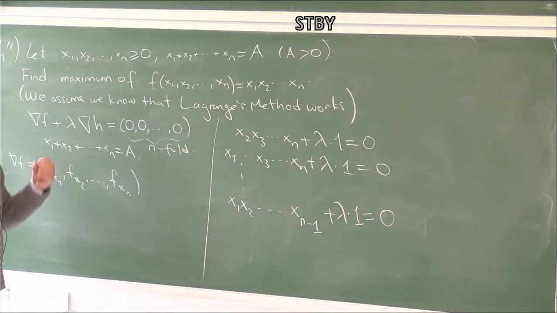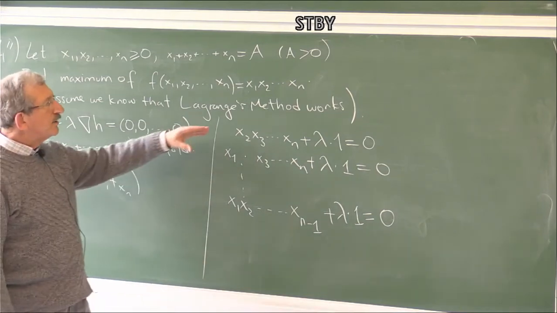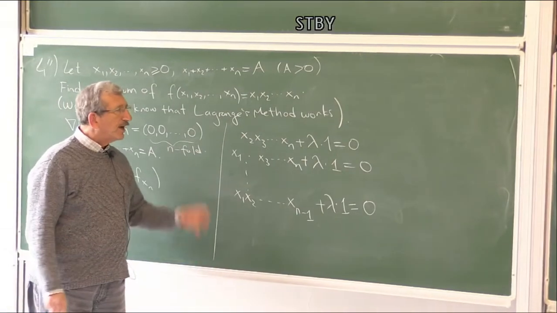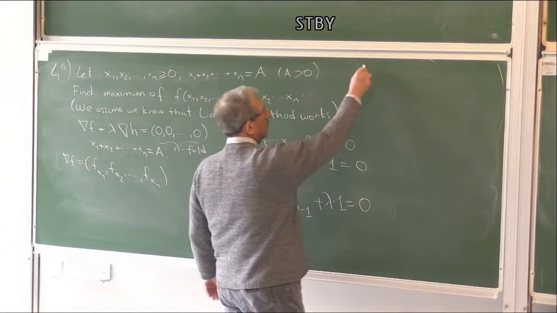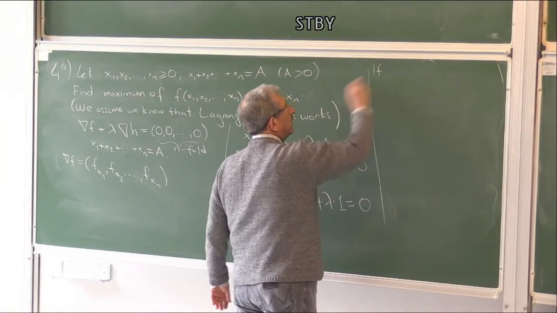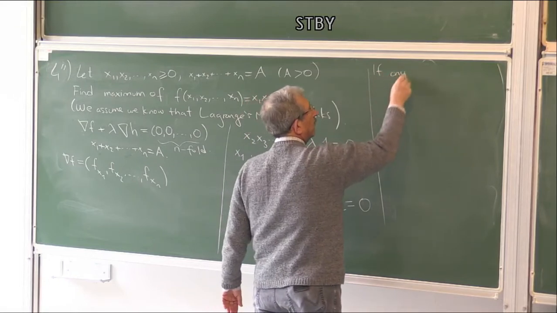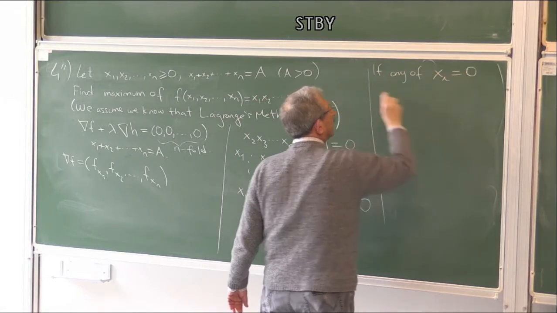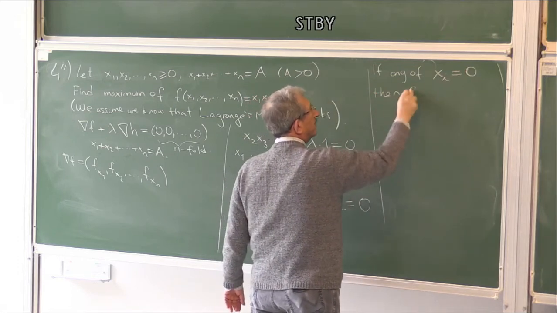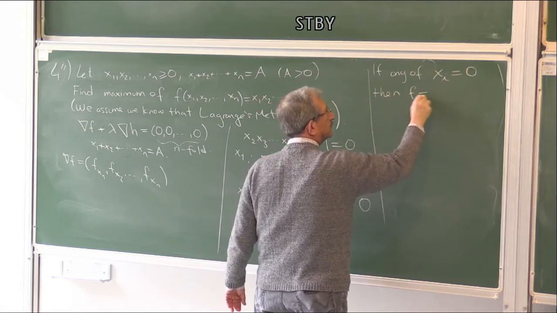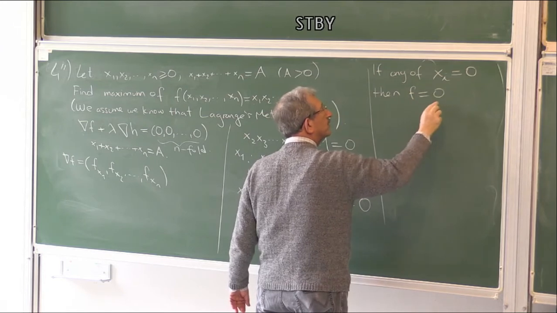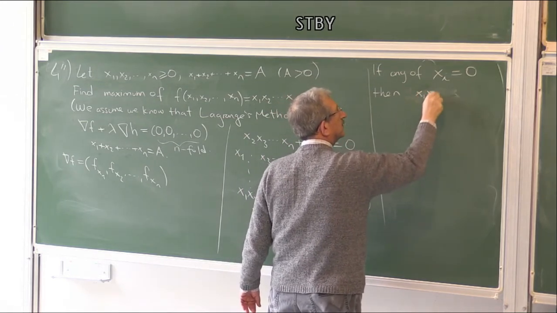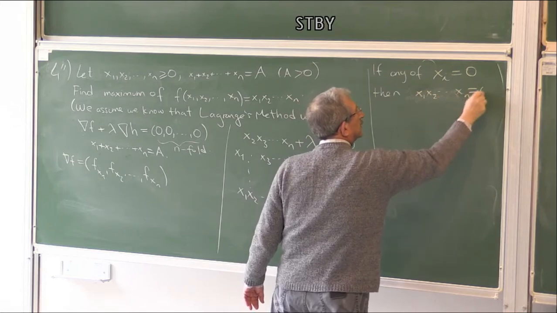Now, of these equations, the idea is to subtract one from the other. Okay, but before that, let us observe that if any of xi is 0, then the product is 0.